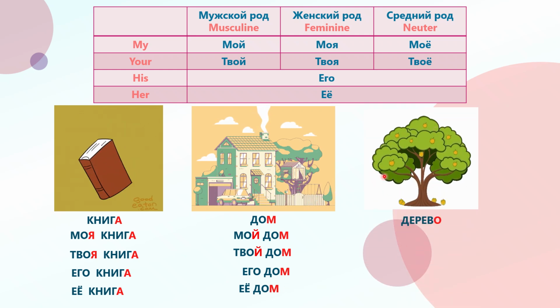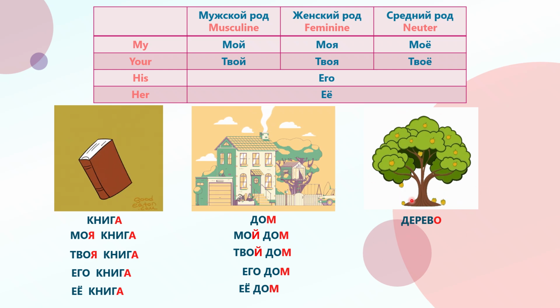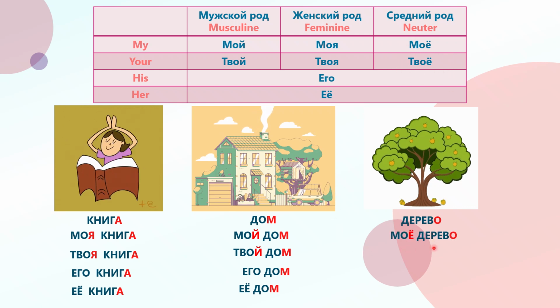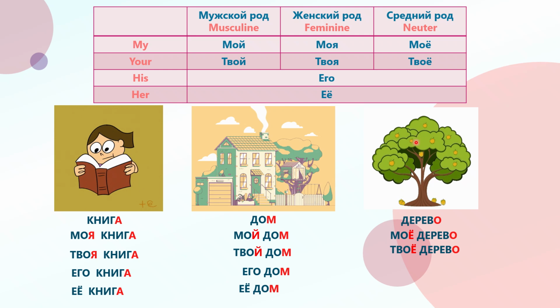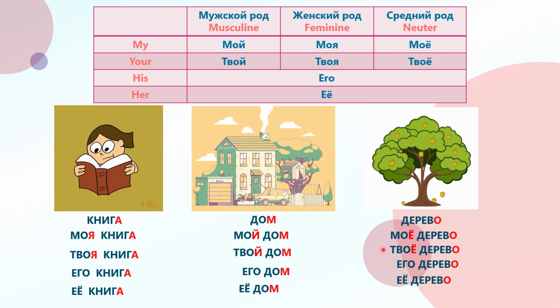So next noun is дерево. Дерево ends with о. It means that this noun has neuter gender. So we should use моё and твоё. Моё дерево, my tree. Твоё дерево, его дерево, её дерево.